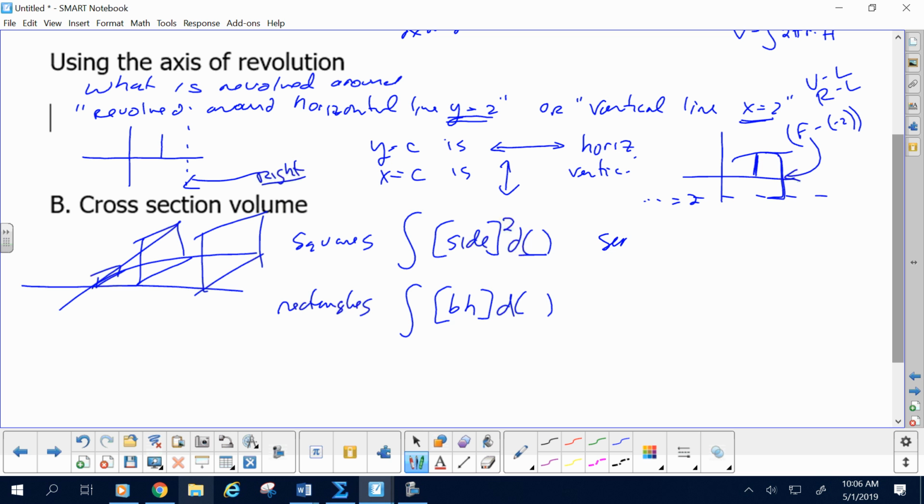It could be semicircles. In that case, then, it's more like pi over 8, which comes from half of a circle, pi over 2, but also half of a diameter squared. That's another 1/4. That's where pi over 8 comes from. And it's pi over 8 of the diameter squared, d, whatever, x or y. And then we'll skip isosceles.